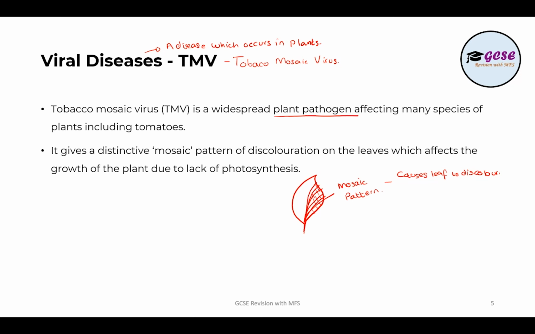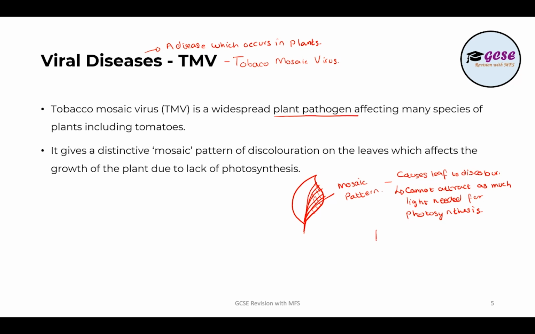And if the leaf discolors, then it cannot absorb as much light as needed for photosynthesis to occur.